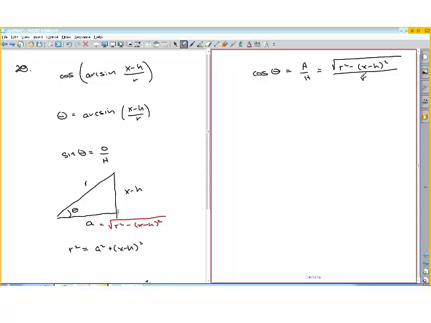And that's the answer. So the cosine of theta, where theta is the angle whose sine is x minus h over r, is equal to the square root of r squared minus x minus h quantity squared, divided by r.